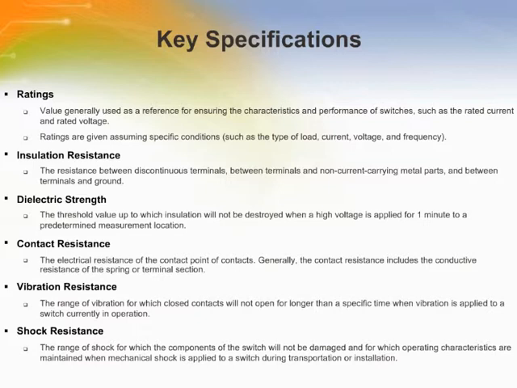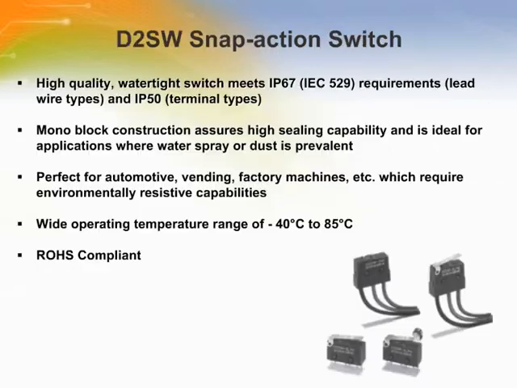Shock resistance shows the range of shock for which the components of the switch will not be damaged and for which the operating characteristics are maintained when mechanical shock is applied to a switch during transportation or installation.